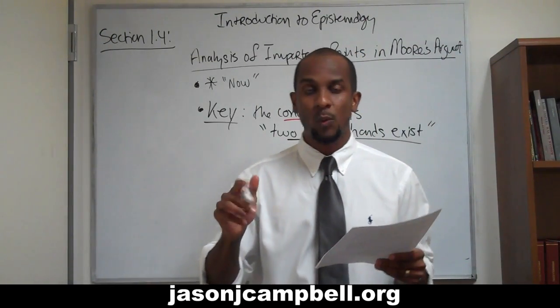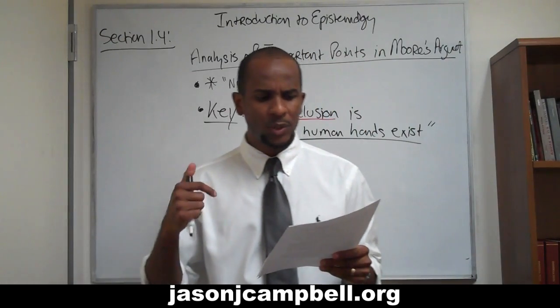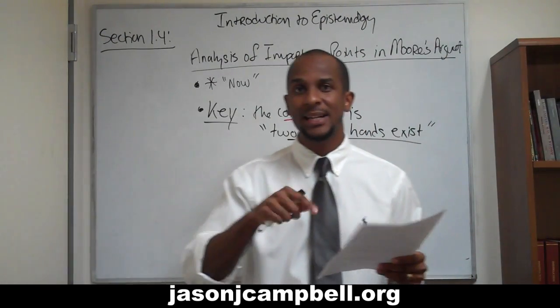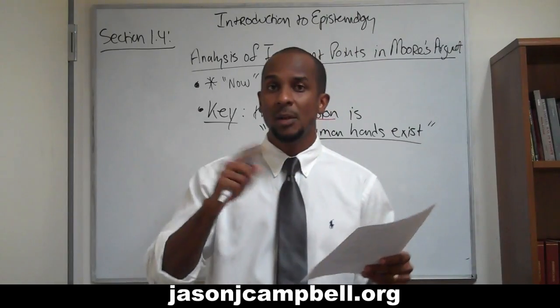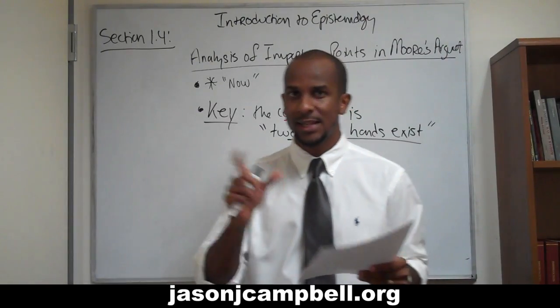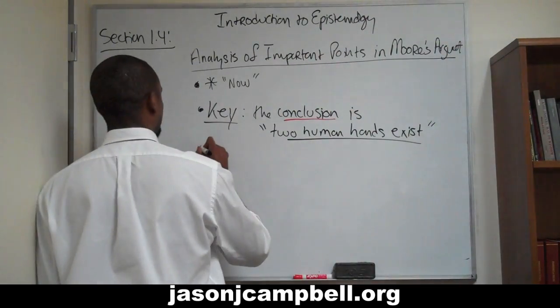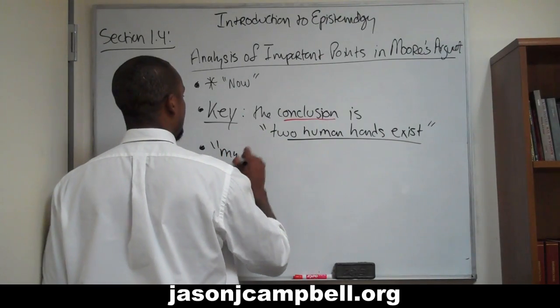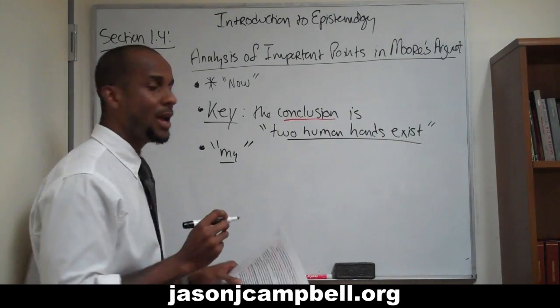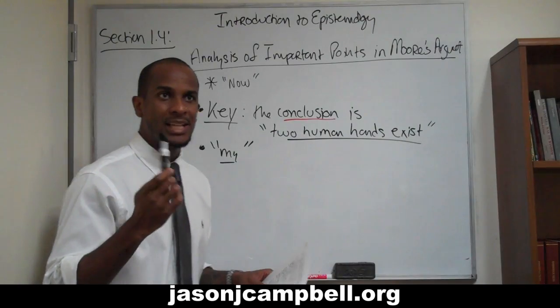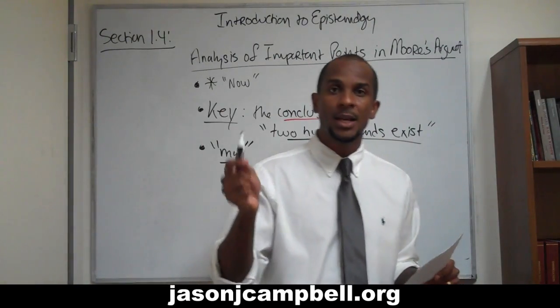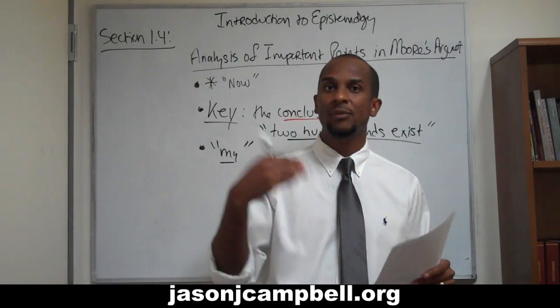But there is a built-in assumption here that when he says "my," right? By holding up my two hands, that he in fact is a human being, and that some human beings have hands, right? That's the built-in assumption. So the term "my" is important. Why? Because "my" contains within it the assumption that he is therefore a human being.